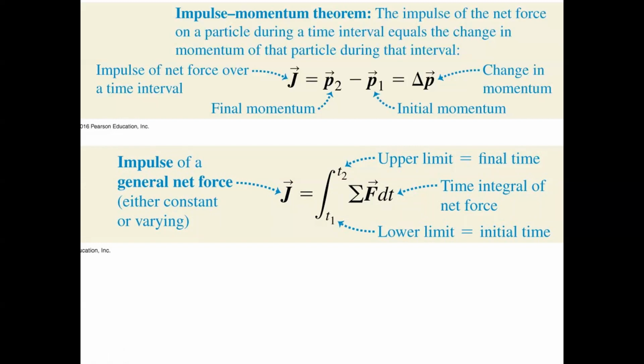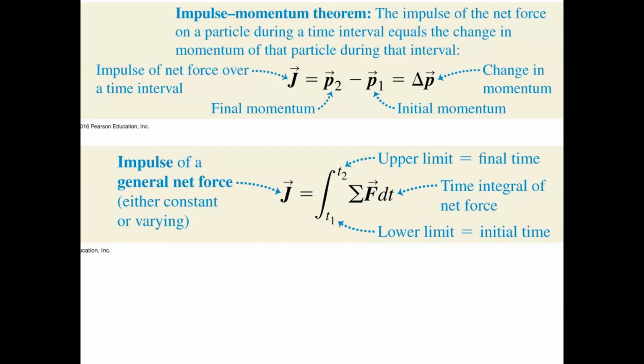So the impulse of a general net force, denoted by the same letter J, is equal to the integral from T1 to T2 of the sum of forces F dt. That is the net force acting on a system or particle times the time interval. We integrate from T1 to T2 because time is changing and the force is changing. The force is not constant, so we can't apply the approach of constant force.